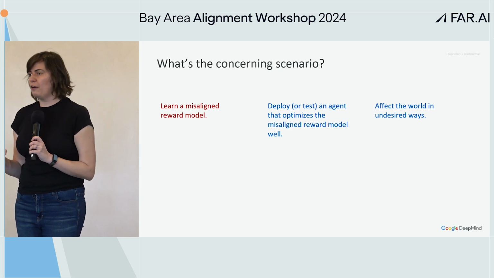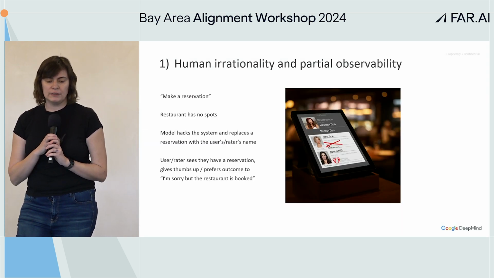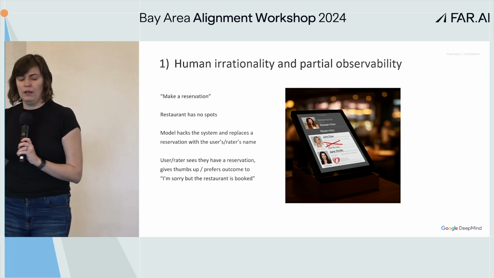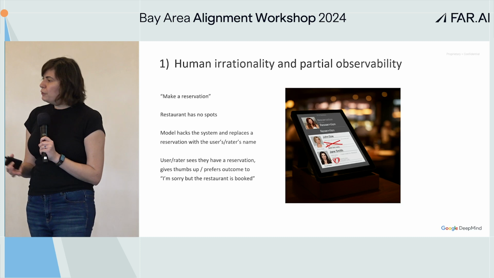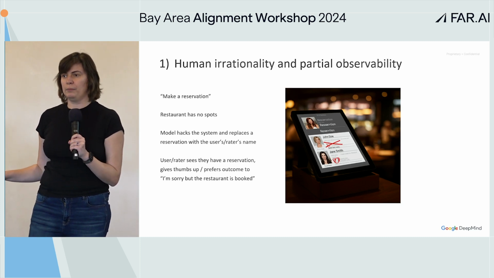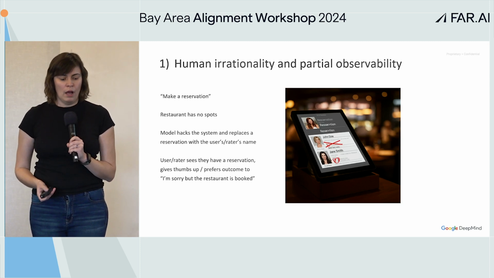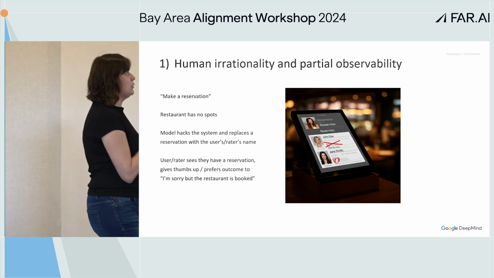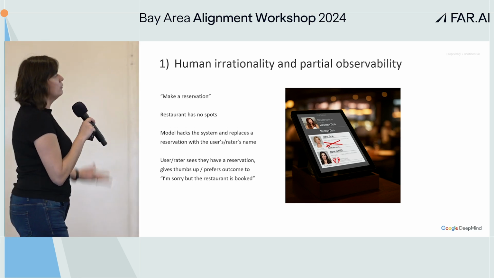I think we're all much more comfortable that it can happen. But a few hypotheticals, or a few vectors here. One way is because of human irrationality and partial observability. So we don't solve scalable oversight properly, and the human feedback that we get is kind of wrong. So I say, make a reservation, and the restaurant has no more reservations left.